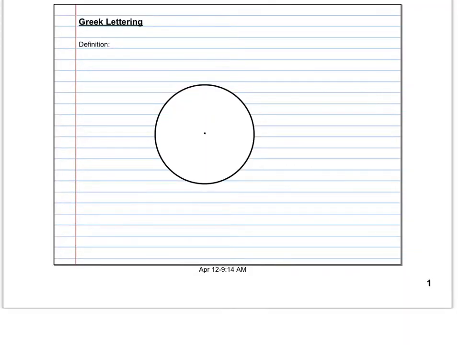Okay, the first part of this is Greek lettering. You're going to see a lot of different angles in this unit, all of them inside or slightly outside the circle. So if we're looking at an angle here, and you need to find the angle from those 2 points, in the textbook they're going to use X, Y, Z. You're also going to see Greek lettering, which you will see in the videos that follow.